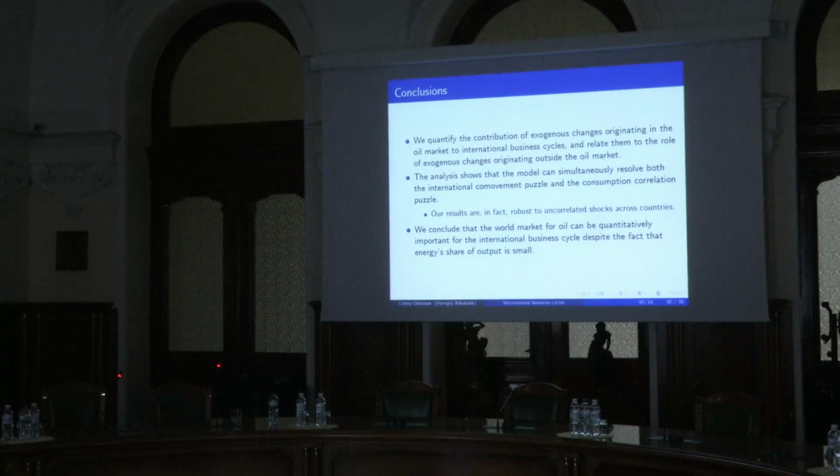And we found that the model can actually solve these two puzzles. And it will actually generate comovement even if shocks are completely uncorrelated across countries. So we conclude that oil can be quantitatively important for the business cycle, even though, again, the energy share of output is very small.